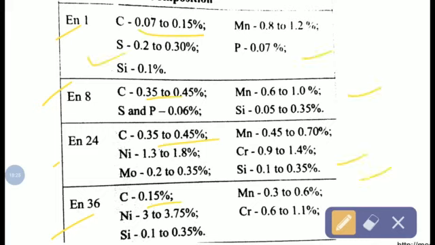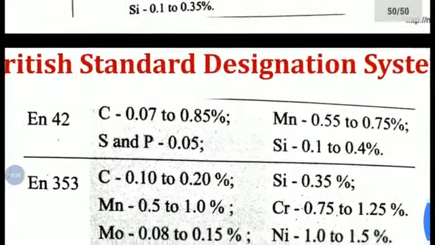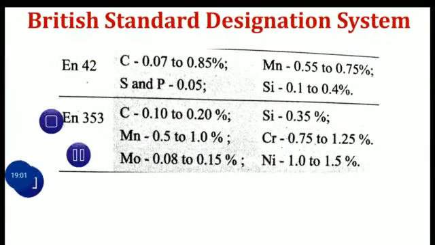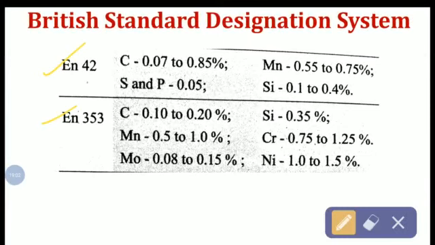There is no good correlation with the mechanical properties or the composition, so in this case you have to remember all these things: what is EN1, what are its compositions, what is EN8, what are its compositions. Sometimes the percentages increase in order, less carbon here, more here, again more. There are also examples like EN42 and EN353. These are some examples of the British Standard Designation System.